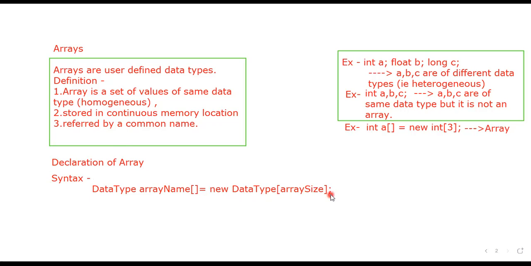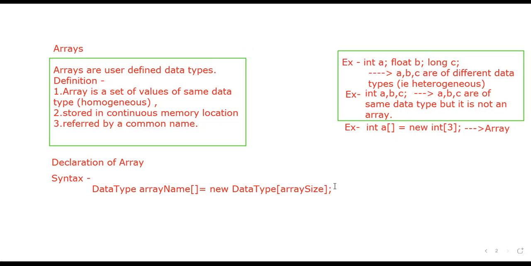Sometimes this square bracket stands for a single dimension array. A single set of square brackets is a single dimension array. If you are using a double dimension array, then you need to use pairs.